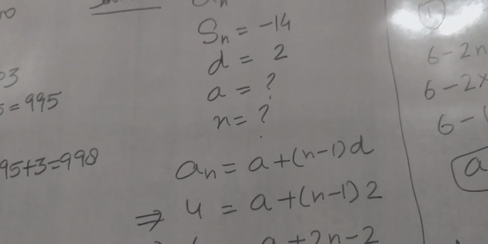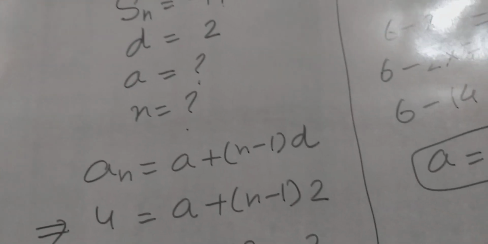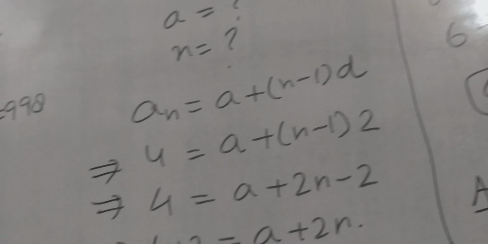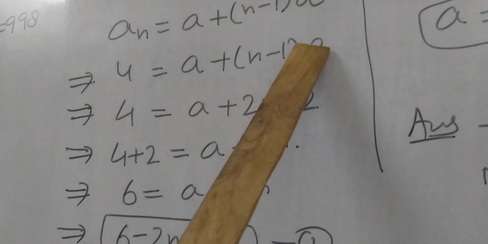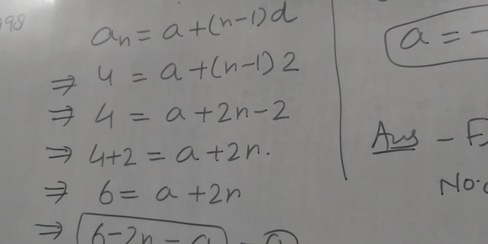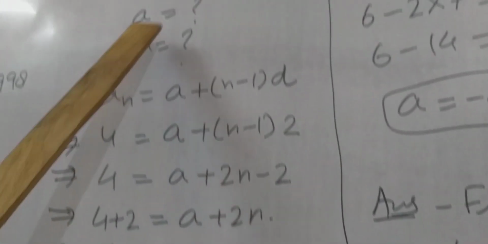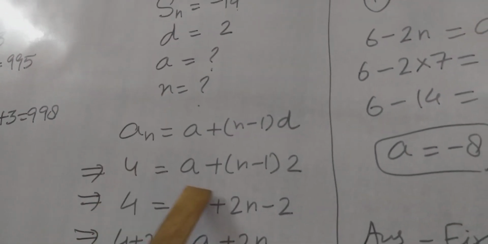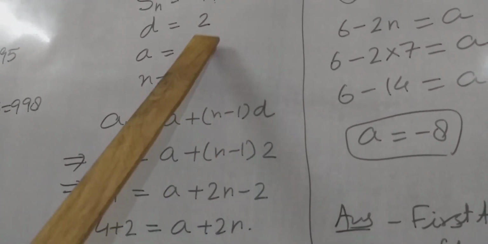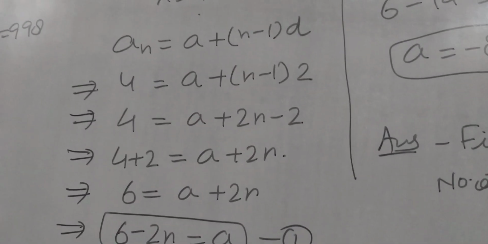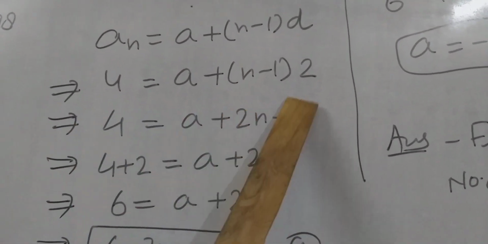Students, an is given, Sn is given, d is given, we have to find a and n. Correct? So we apply the term formula: an equals a plus (n minus 1)d. an value is 4, a value is not given, n is also not given, d value is 2. Now solve this equation.